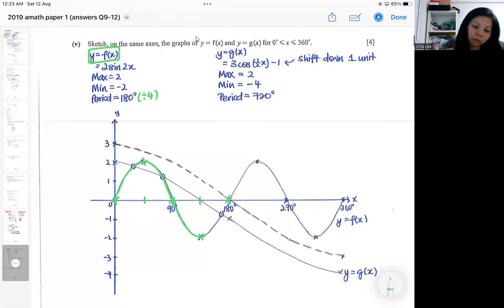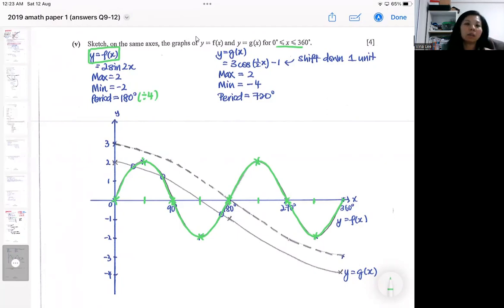Because I'm supposed to draw for 360, that means I actually see 2 cycles. So I repeat the next block of 180 degrees, and I also get another cycle. So this one has no trick. You realize this one is quite easy.